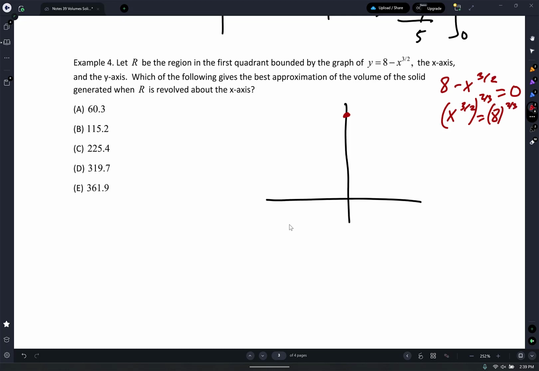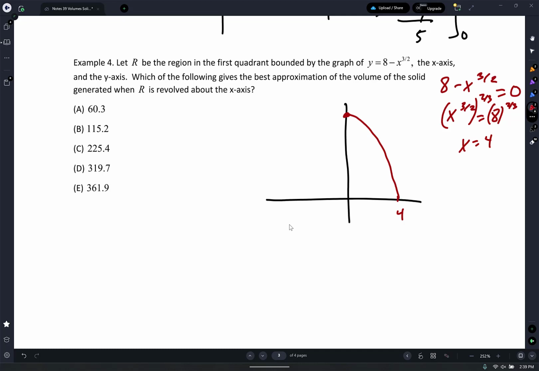The cube root of 8 is 2, and 2 squared is 4. So I see a 4 here. So it probably looks something like that. Does everyone see how I got that 4 there? Okay. I hope that you can do stuff like that without a calculator as well.